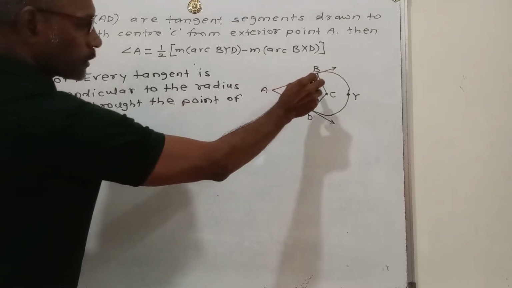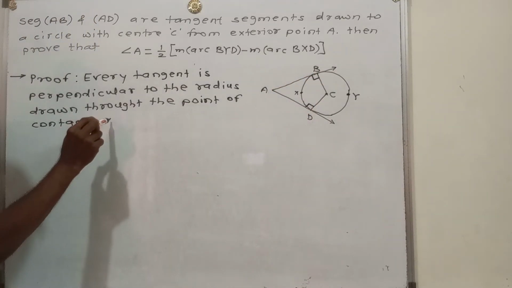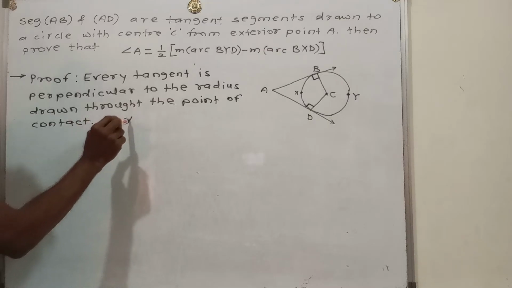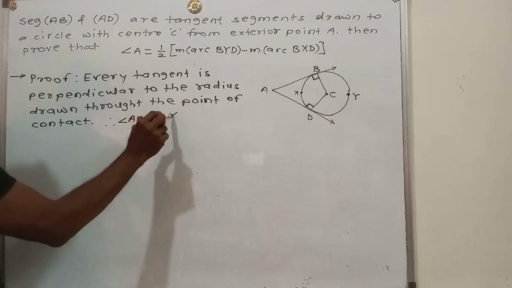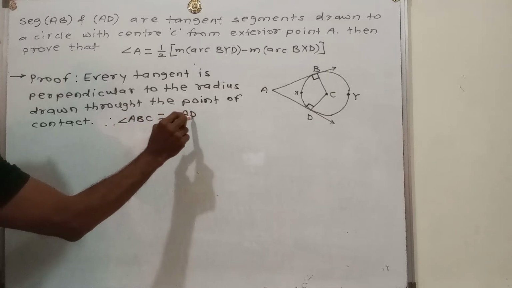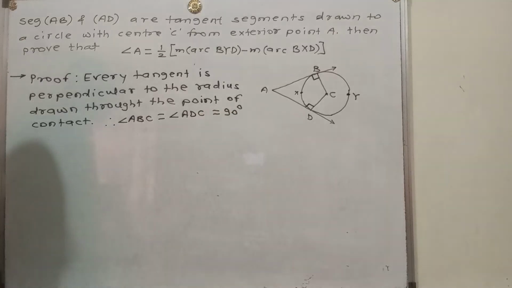Therefore, this angle and this angle, angle ABC is equal to angle ADC is equal to 90 degrees.